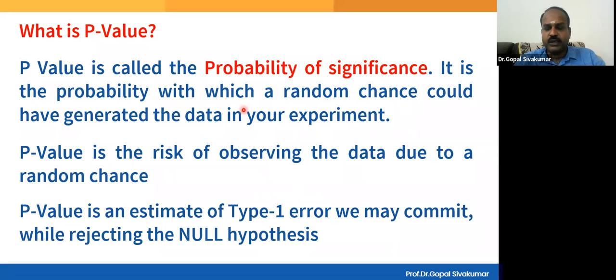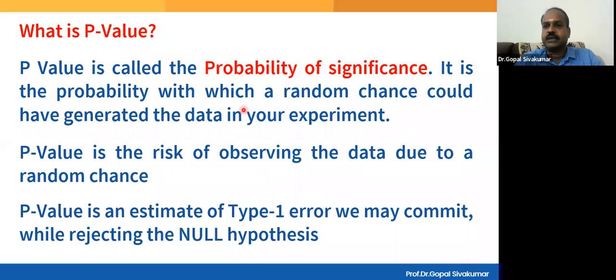So we should find a way to estimate the amount of type 1 error that we may encounter while making a decision using our experimental study. In order to get an estimate of the type 1 error, we use a tool called p-value, which is probability of significance. So what is probability of significance?